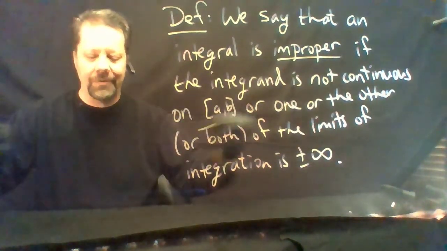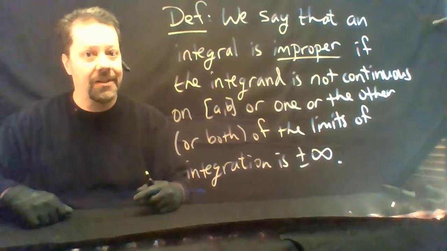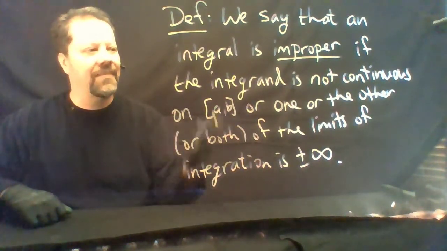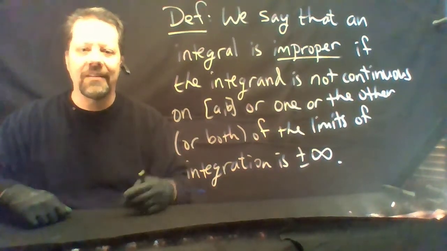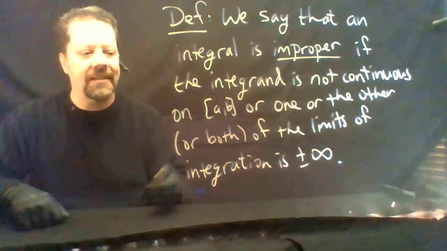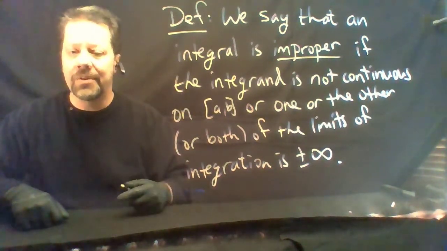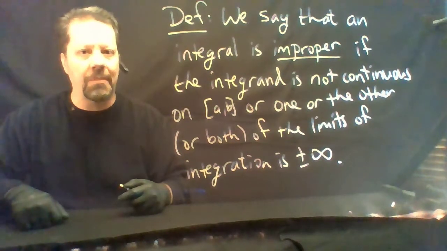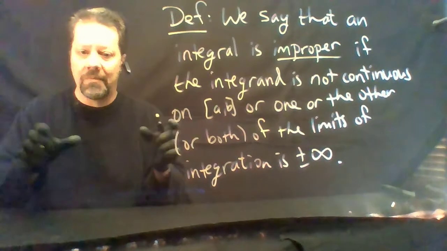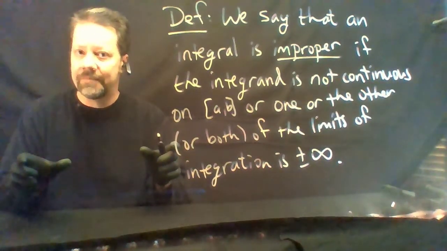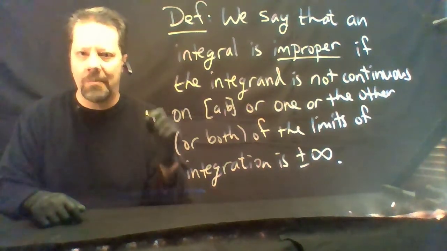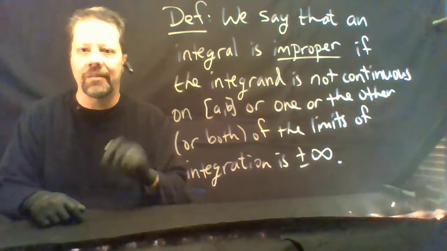So if you're integrating out to infinity, you're not guaranteed to trap only a finite area. You need to back off and take a limit as you go back towards it. If you have a discontinuity, you need to back off from the discontinuities and take limits as you go back towards that. However, there are some additional rules for evaluating improper integrals. First, you have to separate the integral into several different integrals, possibly, so that you have at most one limit, one problem per integral.